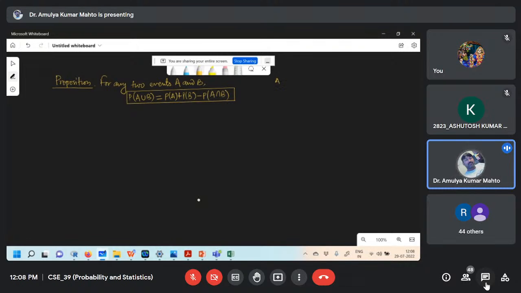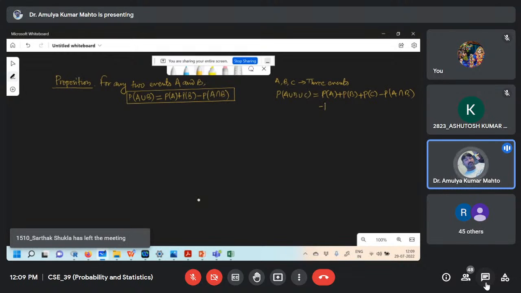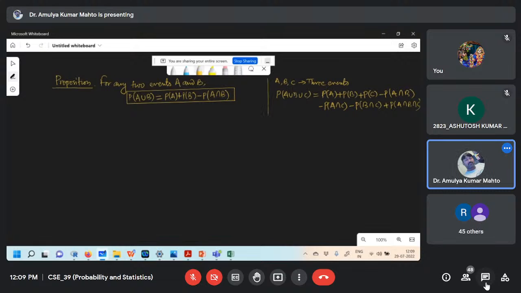Suppose you have 3 events A, B, and C. Then probability of A union B union C equals probability of A plus probability of B plus probability of C minus probability of A intersection B minus probability of A intersection C minus probability of B intersection C plus probability of A intersection B intersection C. That we have already seen in the last class. I have given the proof of the first one.